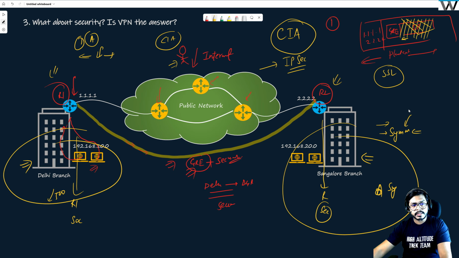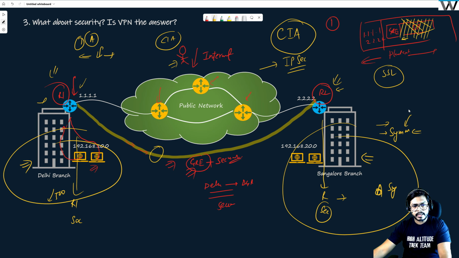But now the routers come into the picture, because all the traffic of these devices passes through these routers, and we are performing encryption, or CIA, the security, over these routers. So it doesn't matter if you put 500 computers or 800 computers, at the end of the day the traffic is going to be on these routers, and routers can encrypt that, and then the receiving router can decrypt it. It is as simple as that.